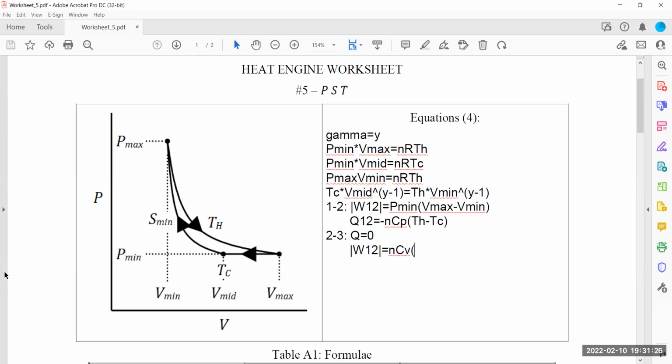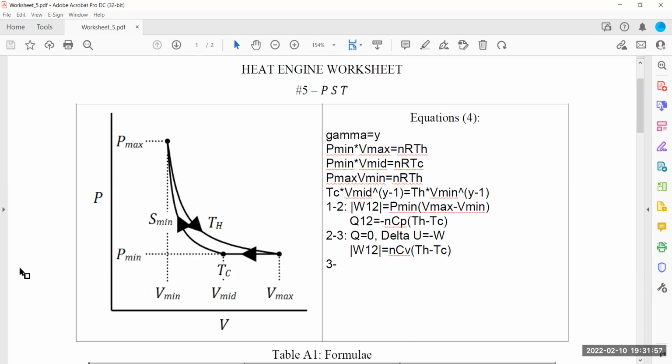Because Q is 0, so delta U is equal to W in this case. So it's T hot minus Tc, because delta U is W. In the book, it's going to be minus W, so if we're going to follow the convention of the book, we better write it that way. Okay, so I'm taking it in absolute.